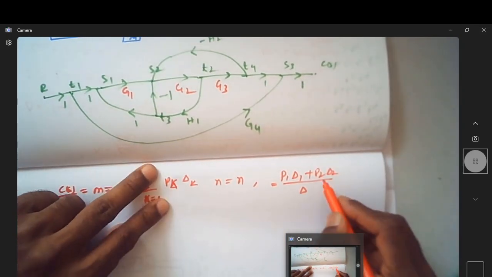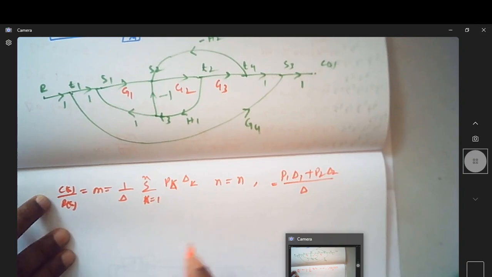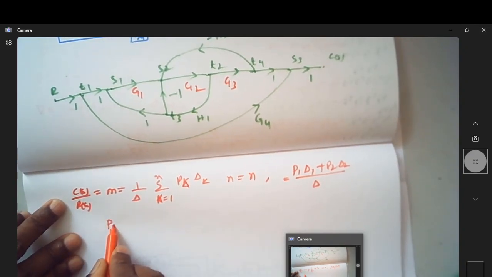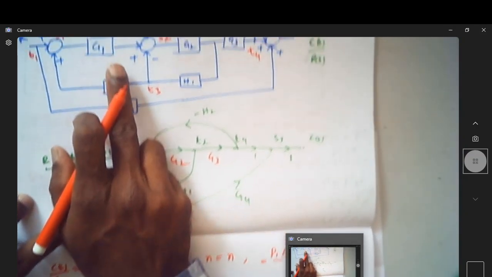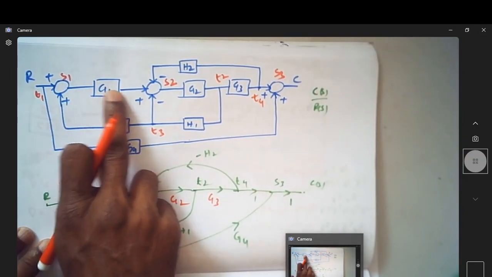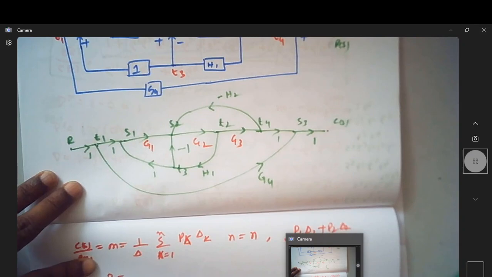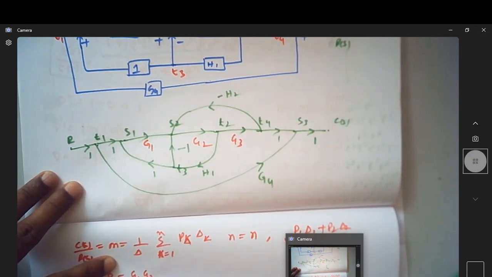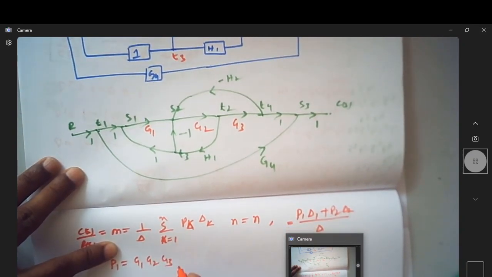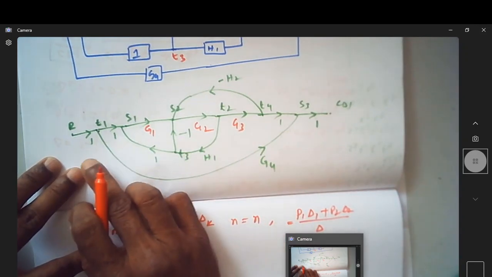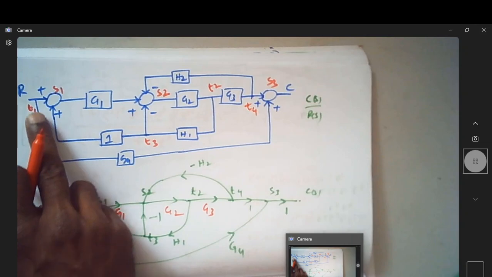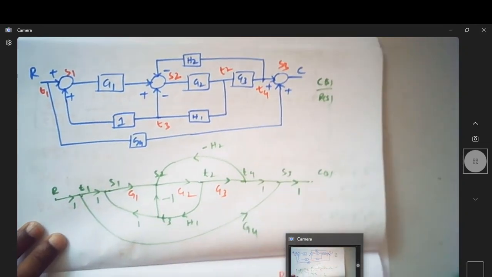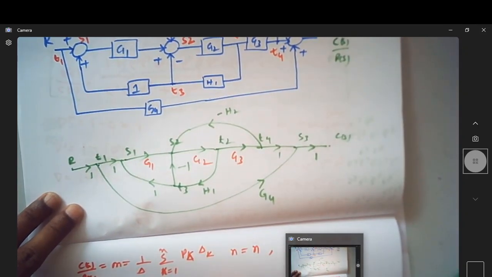Looking at P1, of course you can just have a look at this, G1, G2, G3 is my P1. What is P2? P2 is, of course you start from here, this is G4.